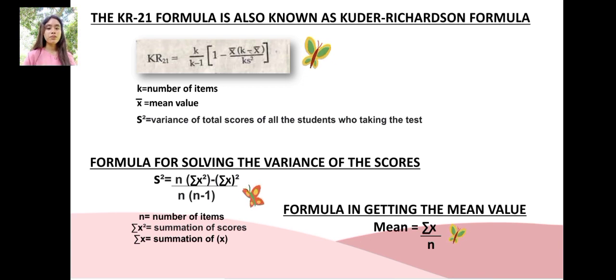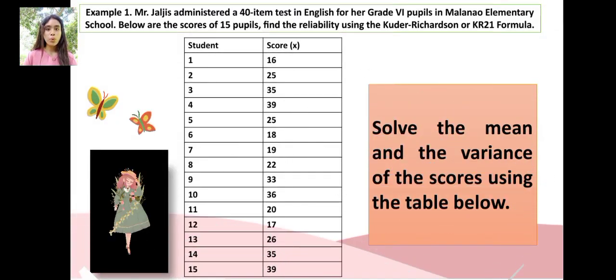The formula of the variance is equal to n, number of items, times summation of x squared, minus summation of x, then squared, over n, number of items, quantity, times n minus 1. And the mean is equal to summation of x over n. Okay, so let's move forward.